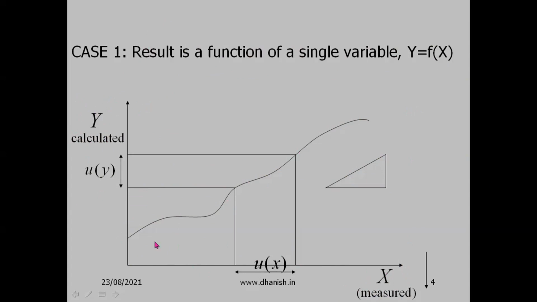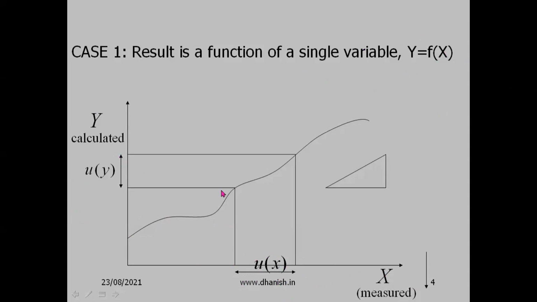Maybe y is a function of x, say y equal to x square, or y is the area we are determining from the side length of one side of a square. Under this situation, x has some uncertainty. Its standard uncertainty we have to get first. The standard uncertainty of x is given. What will be the standard uncertainty in y?